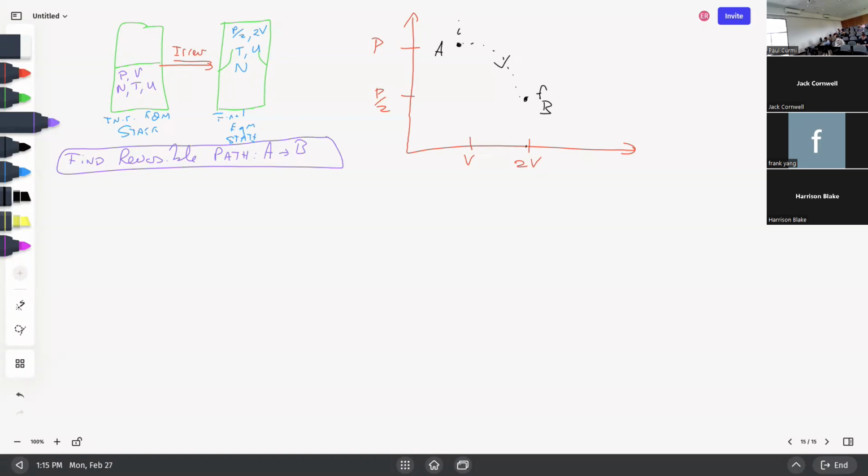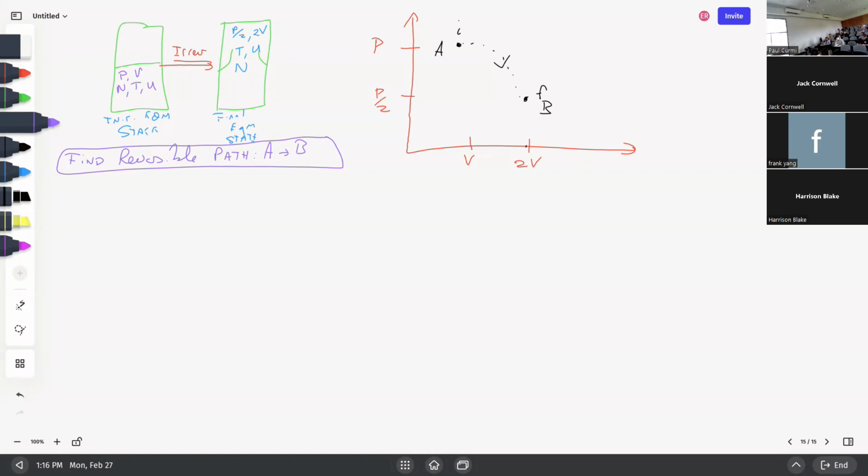I could do an isobaric path and then an isochoric path. What else? I could find a blowfly in the room and trace the path the blowfly makes. As long as it starts on A and ends up on B, it's legitimate, as long as the path is continuous. They're all legitimate. They will all work. But there's an easy one. The easy one is isothermal because the system is isothermal. Okay?